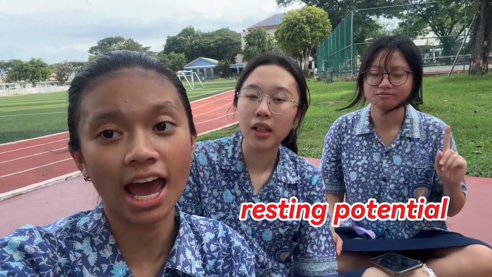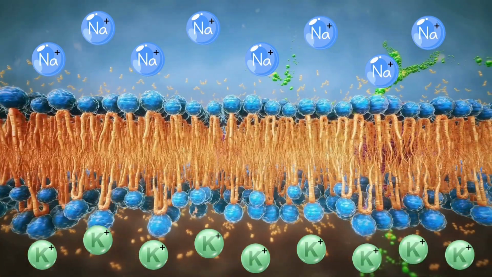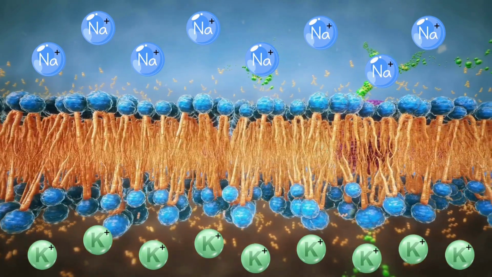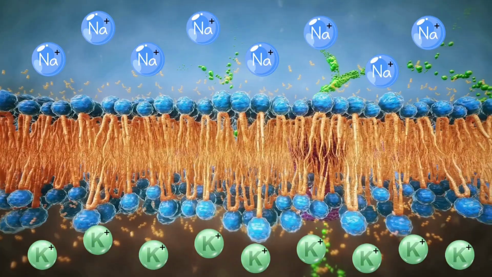Let's recall what we have learned about resting potential and action potential before diving into how our heart beats. At rest, where the neuron is not sending any signals, sodium ions are more concentrated outside the neuron, while potassium ions are more concentrated inside.